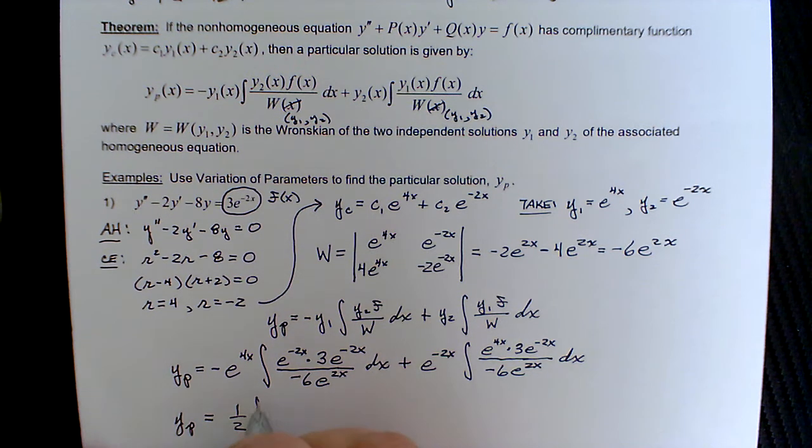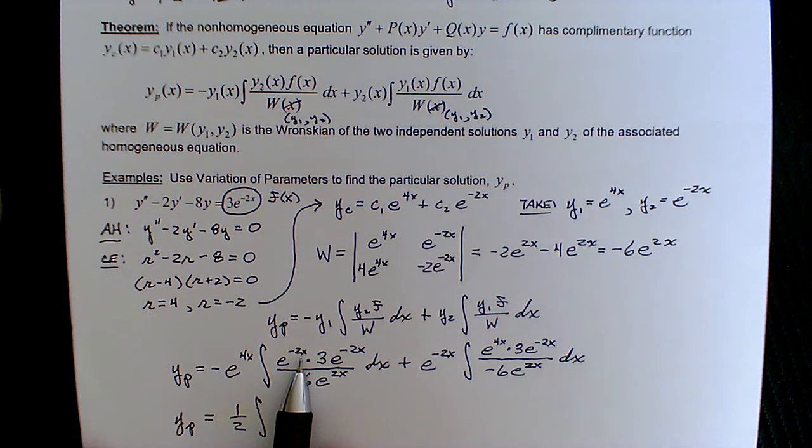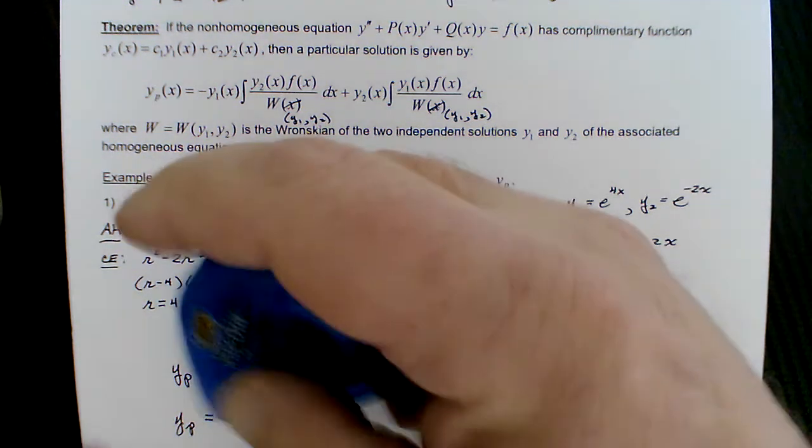And then we have the integral of, okay, let's see how these e's unfold. This would be e to the negative 4x divided by e to the 2x. So e to the negative 4x over e to the negative 2x simplifies by subtracting the exponents to be e to the negative 6x. Oops, and let me not forget, sorry about that.